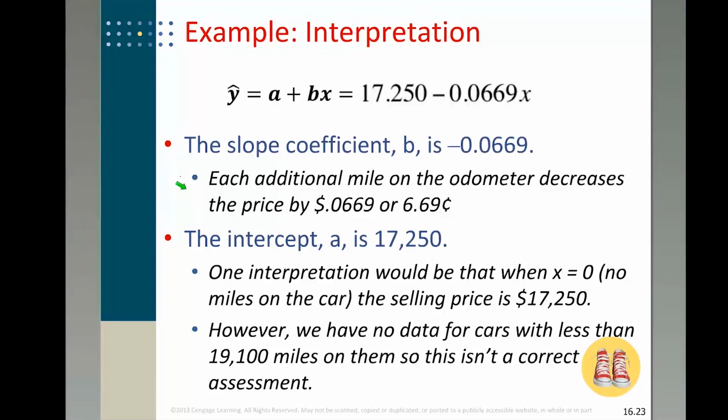And notice that although the number is 0.0669, since price is measured in $1,000, when we interpret that, we need to multiply this number by 1,000 to convert it back to dollars. So that's how we interpret the slope coefficient.